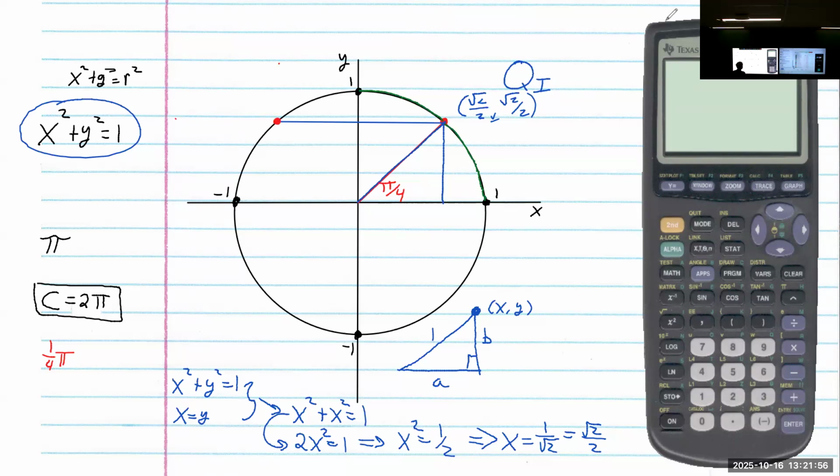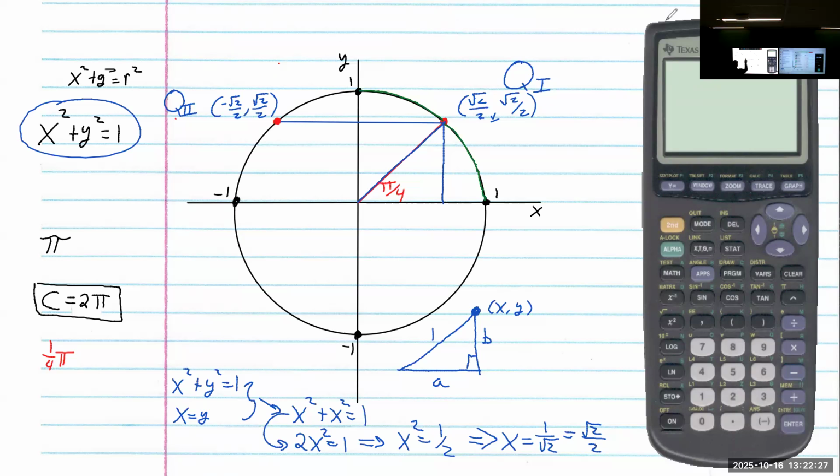Over here, there's also that location, but it's in quadrant 2, so it's not going to have the same sign. This is quadrant 2. And so the x would be negative, but the y would be the very same. This is negative root 2 over 2. This is positive root 2 over 2.